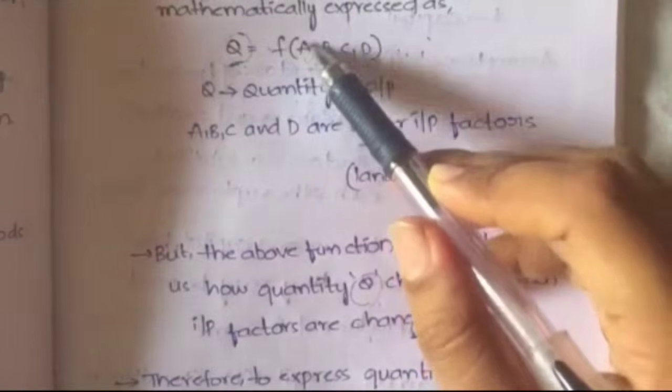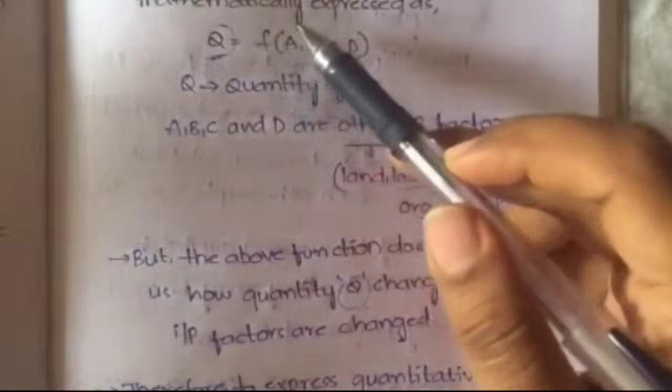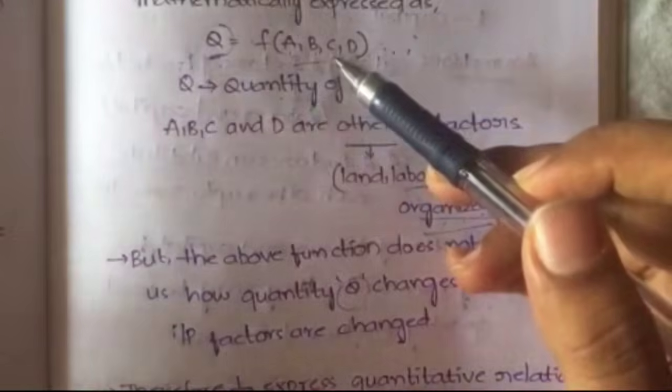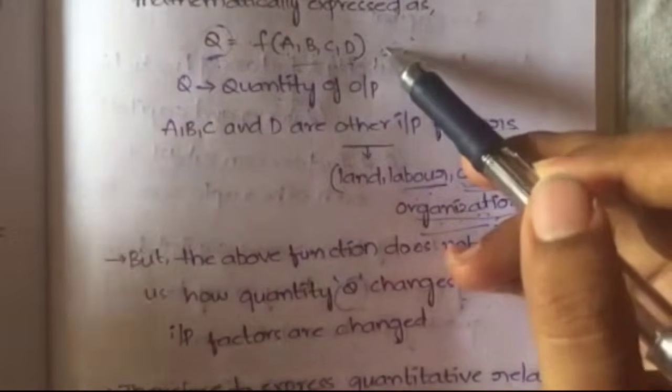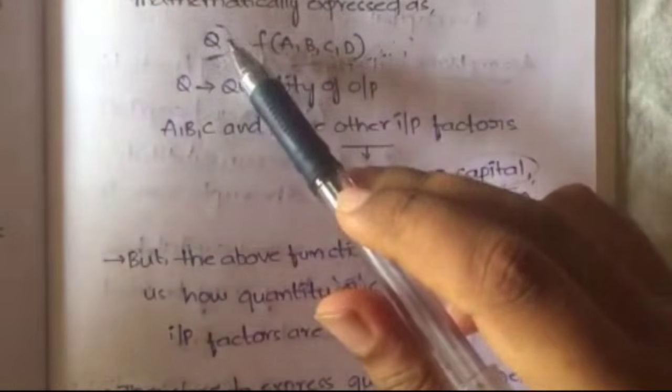Suppose A is increased, whether Q is going to increase or decrease, you cannot predict that. And if you decrease it, you cannot predict what is going to happen to Q when you change one of the input factors. That is the disadvantage that you have in this expression. The disadvantage is that when one of the input factors is changed, you cannot predict the change in the output, whether it is going to increase or decrease.